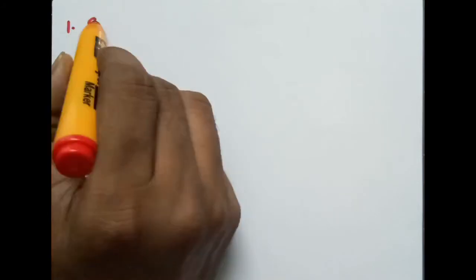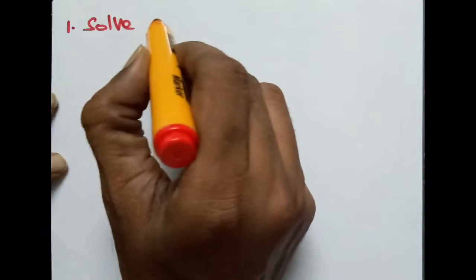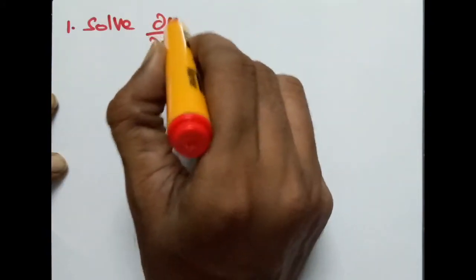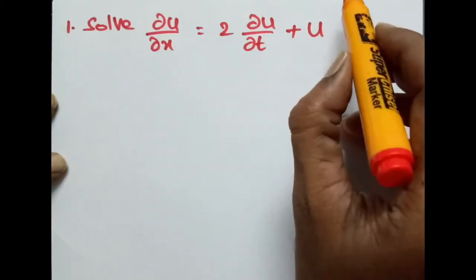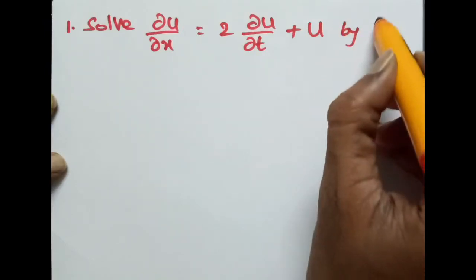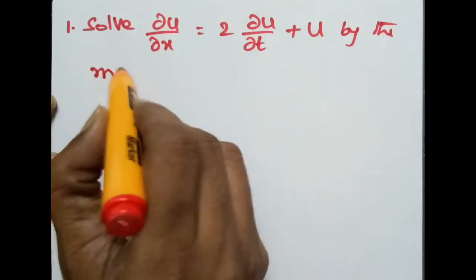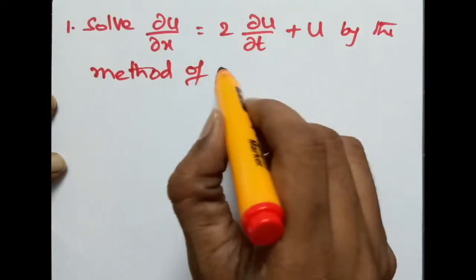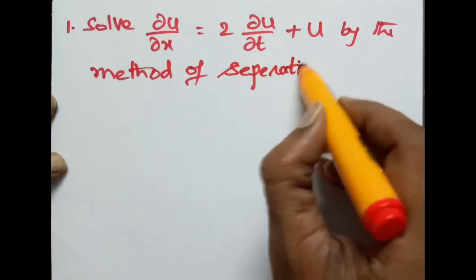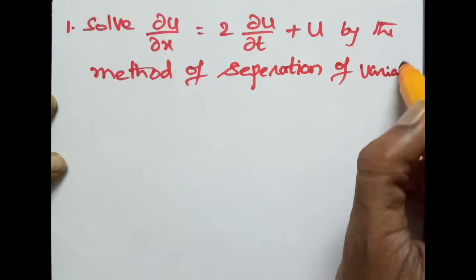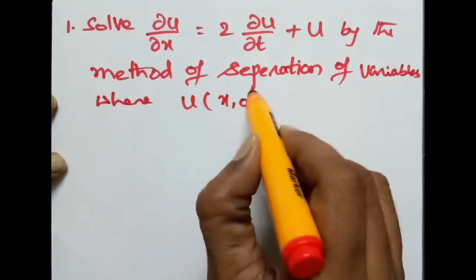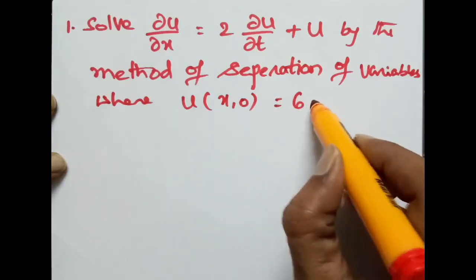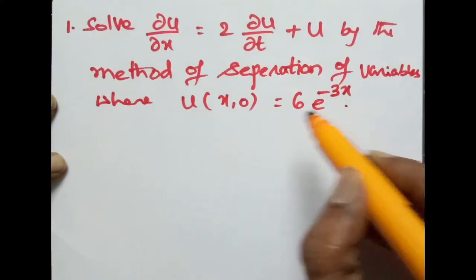Now example 1, solve ∂u/∂x = 2 ∂u/∂t + u by the method of separation of variables, where u(x,0) = 6e^(-3x).